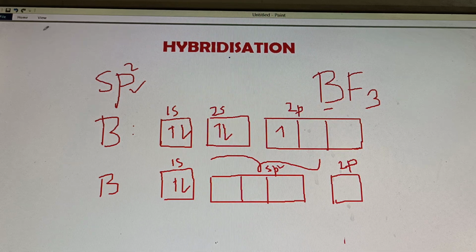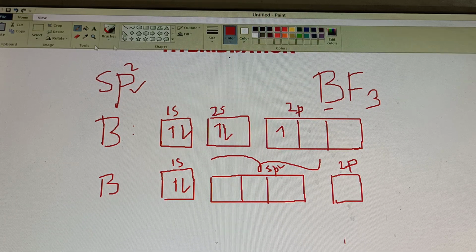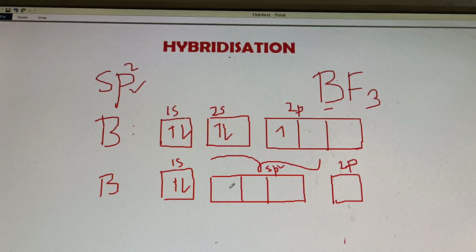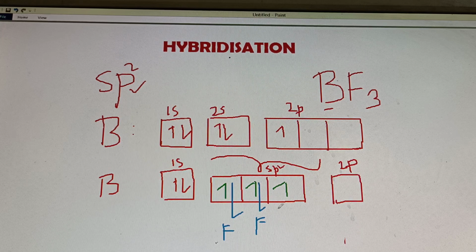How many valence electrons are here? The number of valence electrons is 3. Now these 3 electrons will combine with fluorine atoms to form 3 covalent bonds, 3 BF bonds.